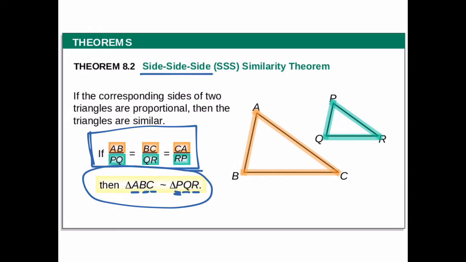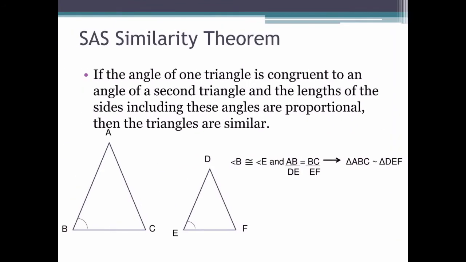The second one we want to cover today is for side, angle, side theorem. And it is important to remember that the angle has to be between the 2 sides in order to use side, angle, side. So remember, for similarity, the angles have to be congruent and the sides have to be proportional. So on these down here, notice that angle B here is congruent to angle E. So there is our congruent angles.